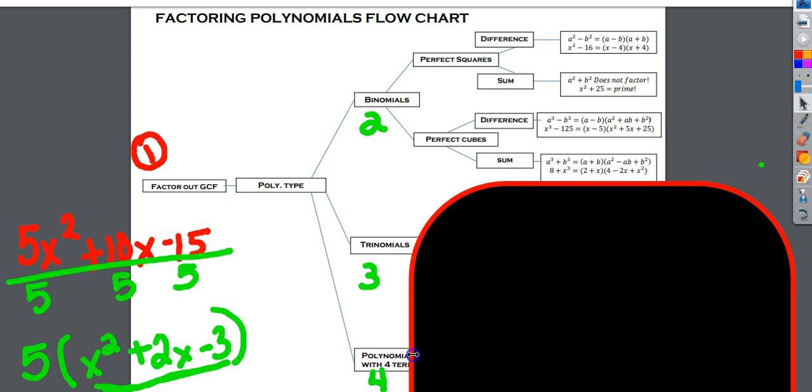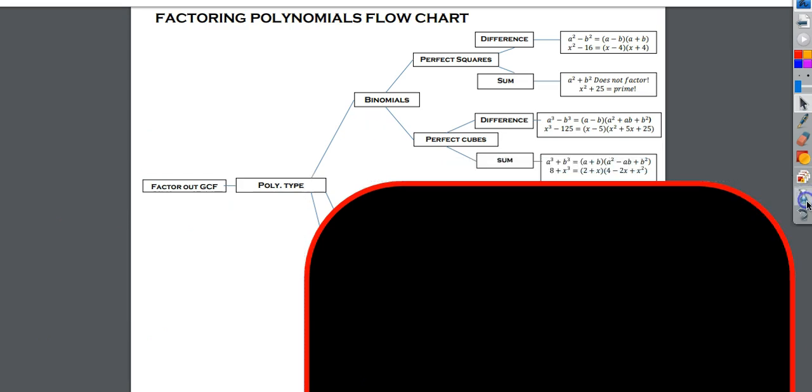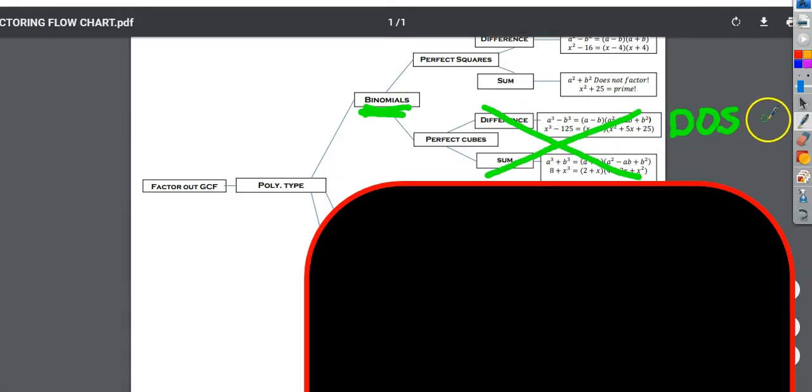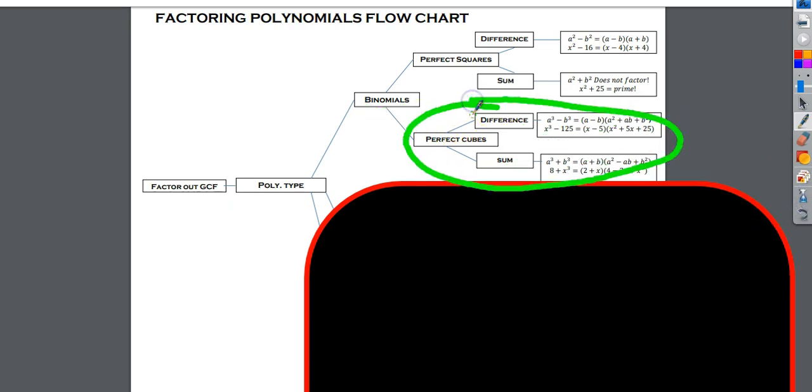And if it is a binomial, okay, you're going to do these particular things. So what you're looking at is this binomial, but actually these are perfect cubes, and we have not done that, so you don't even need to write that.